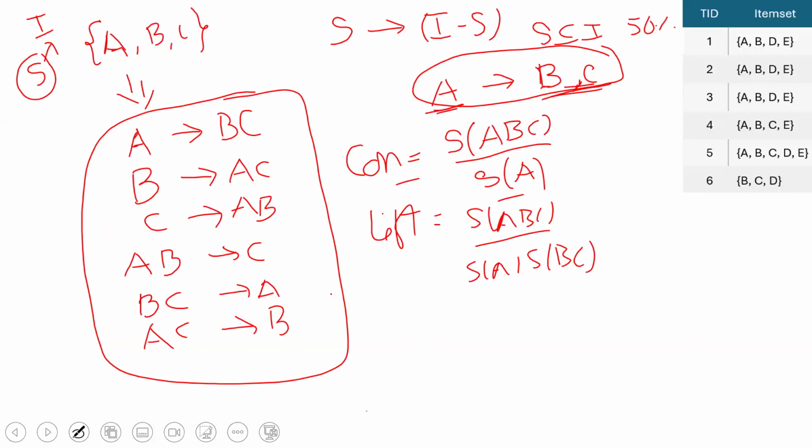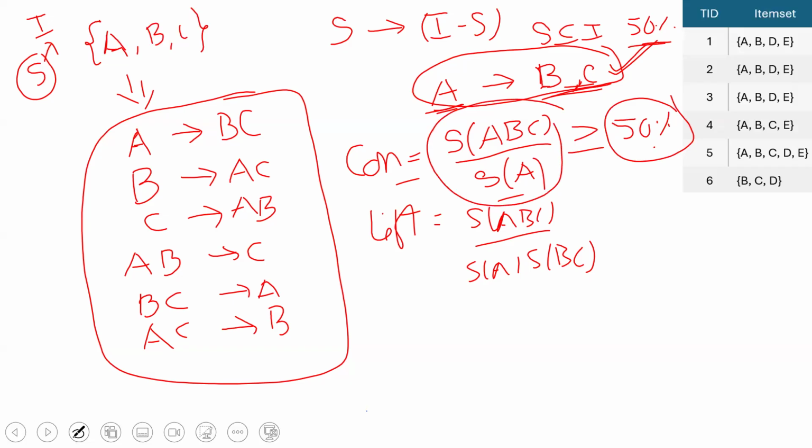So for this association rule to be valid, you have to calculate the confidence, and this confidence value has to be greater than the threshold value that you have set. If you set the confidence as 50%, only when this confidence is greater than 50% will this association rule be valid. How are we deriving these association rules? You are deriving them from the item sets that we have got.